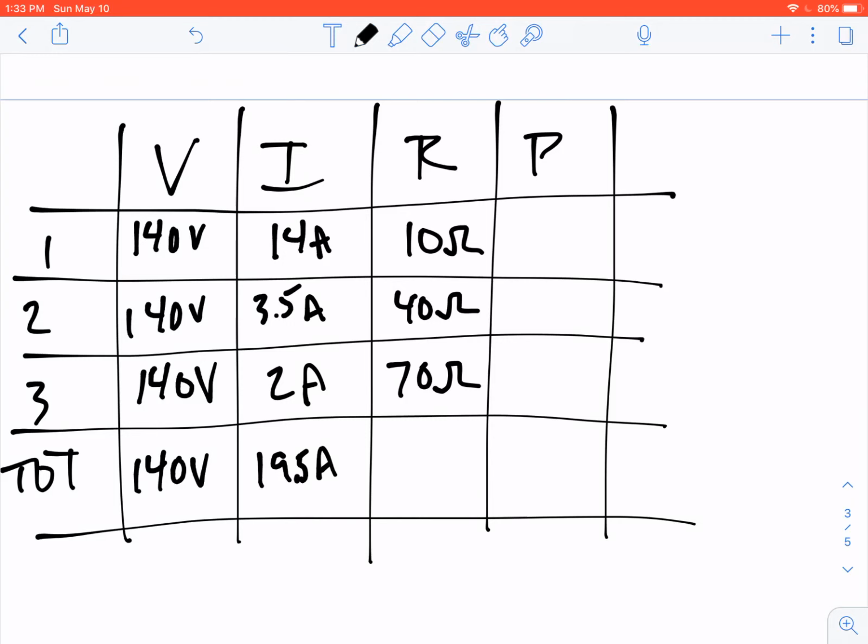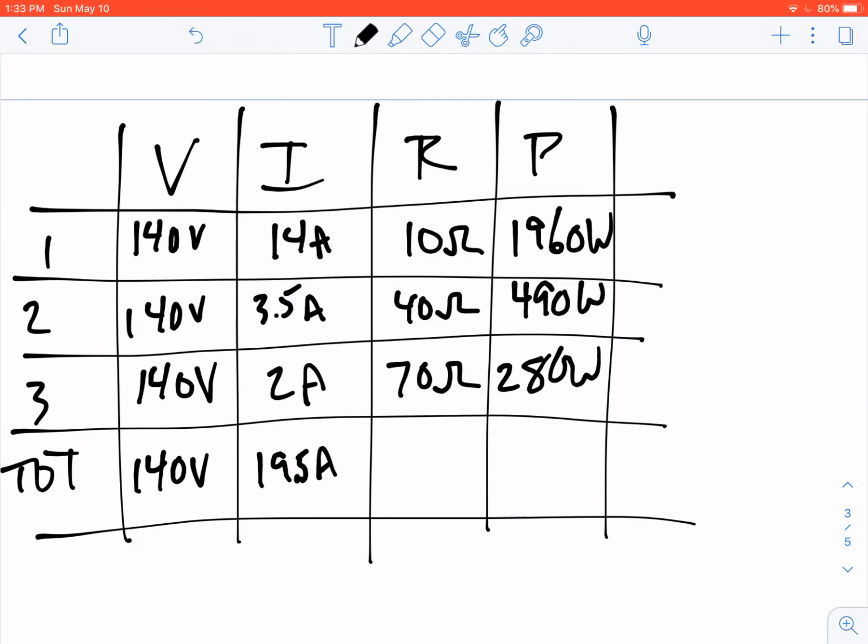And for good measure, we can calculate the various powers. 140 times 14 is 1960 watts in the first resistor. We've got 140 times 3.5 is 490 watts. And then 140 times 2 is 280 watts.